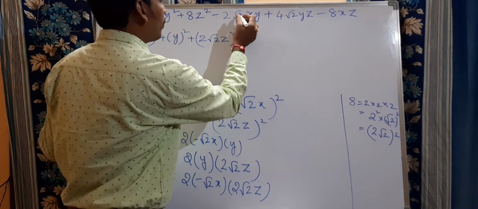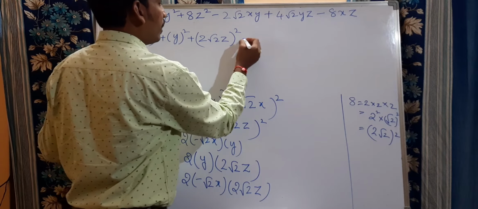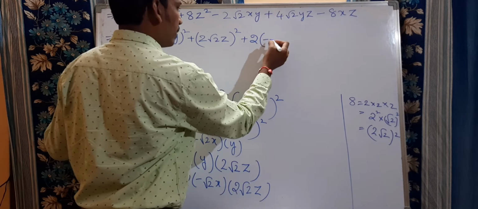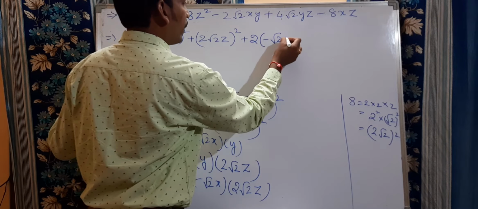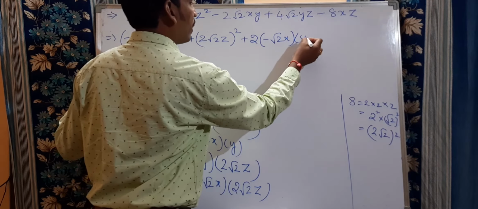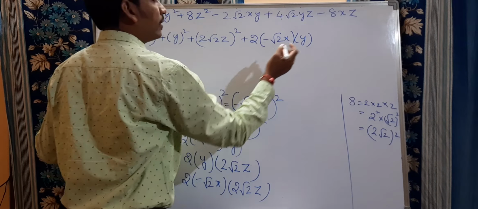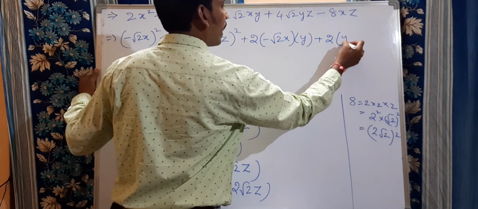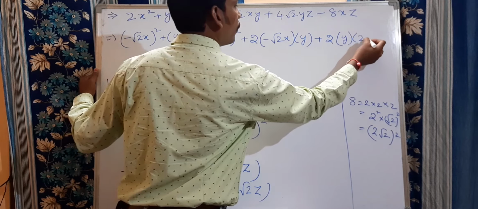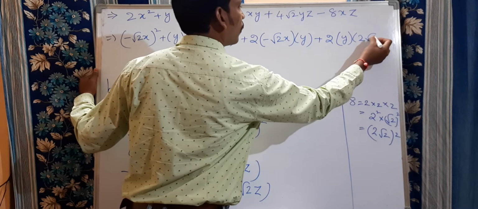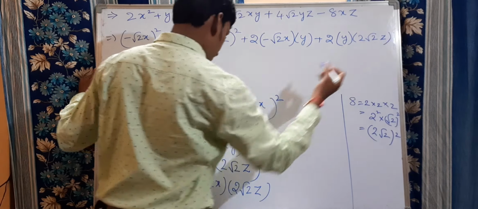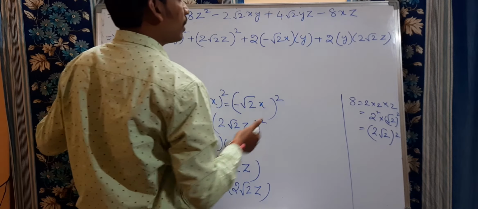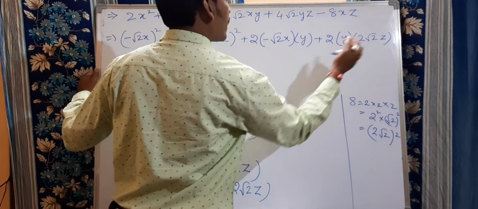So now this will become plus 2 into minus root 2x into y, 2xy, plus 2 into yz, y into 2 root 2 z, right? 2 2s are 4 root 2 yz.